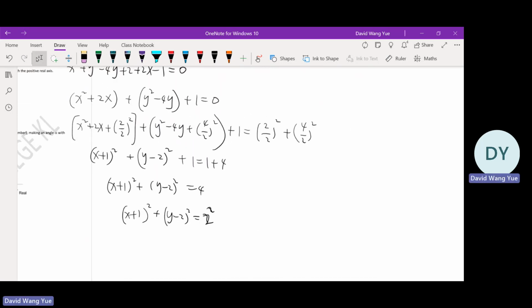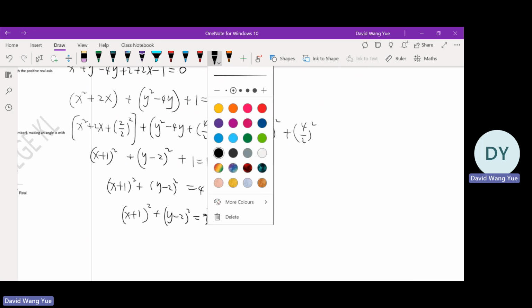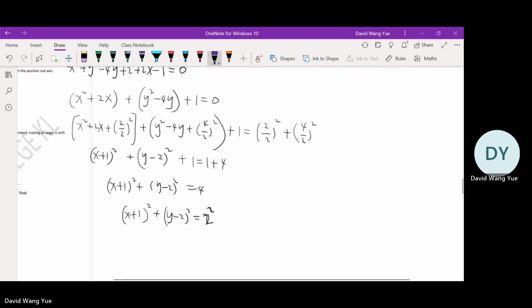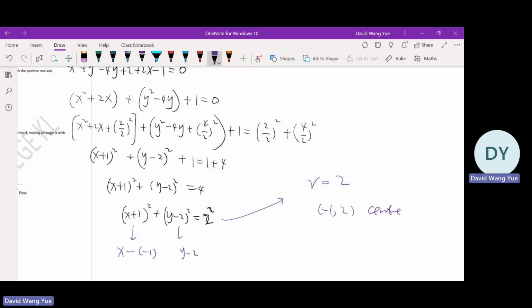Now, what does this imply? If you remember the equation of the circle, you should know this means the radius is 2 because it's 2 squared. x plus 1 means x minus negative 1, and y minus 2 means the center of the circle is negative 1 and 2.